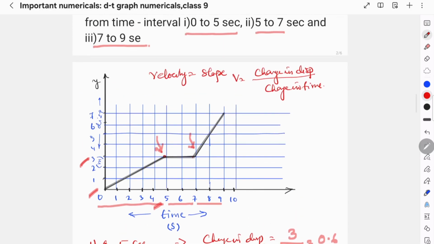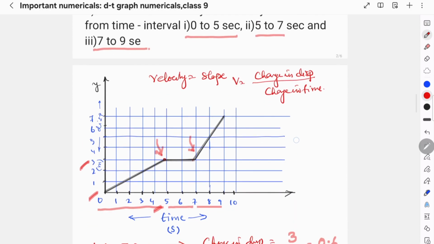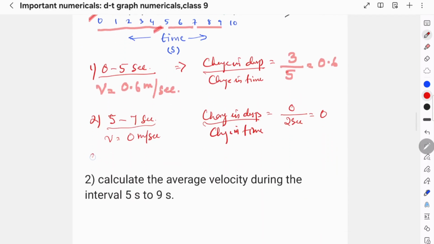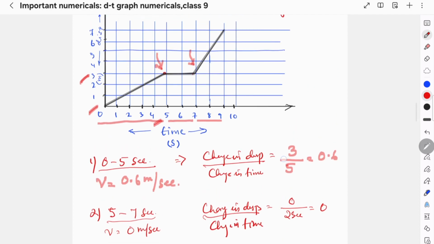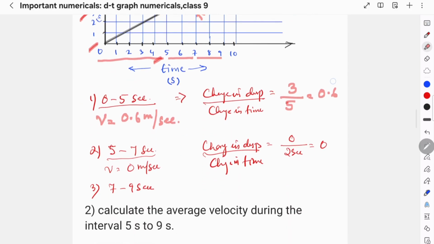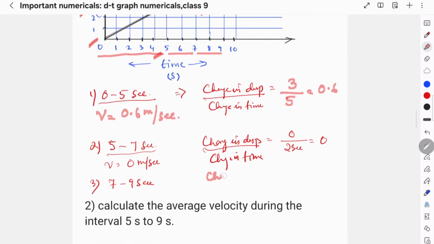Okay, now let's see the third part. Third part is 7 to 9 seconds. From 7 seconds is this part, and this is 9 seconds. What is the change in displacement?